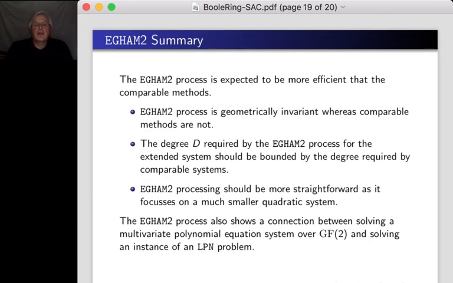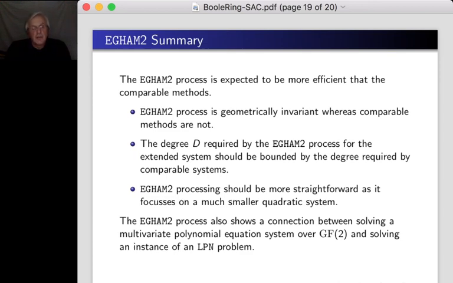Okay, so a summary of the ECHAM2 process: we expect it in general to be more efficient than comparable methods because it's geometrically invariant, whereas comparable methods are not. The degree D required by the process to work should be bounded by the degree of comparable systems. And it should be much more straightforward, because we reduce the polynomial set to a much smaller quadratic system very early on.